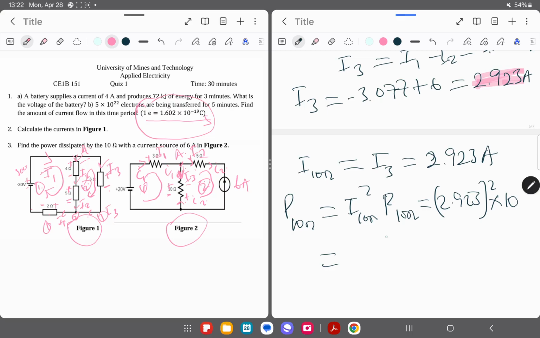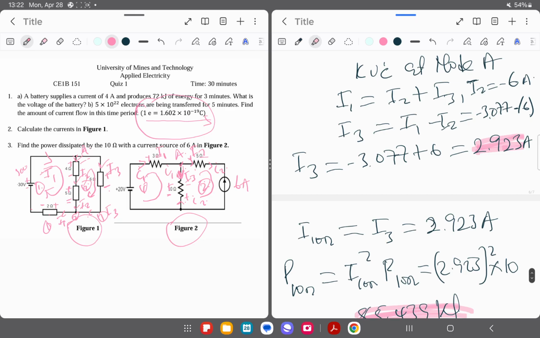That is just going to be 85.439 watts. So we've gotten the power to be 85.439 watts. So this is the solution for quiz 1.